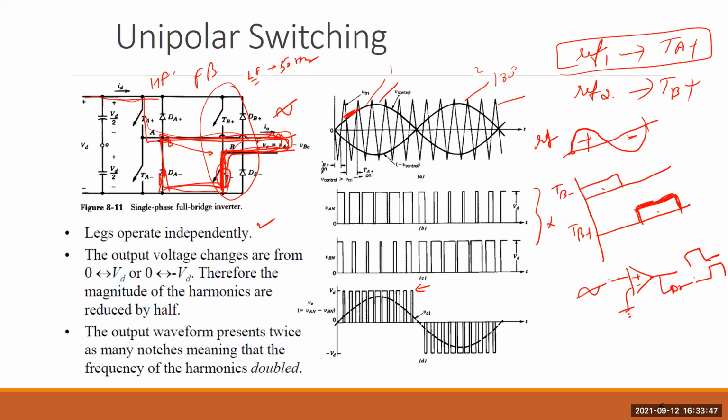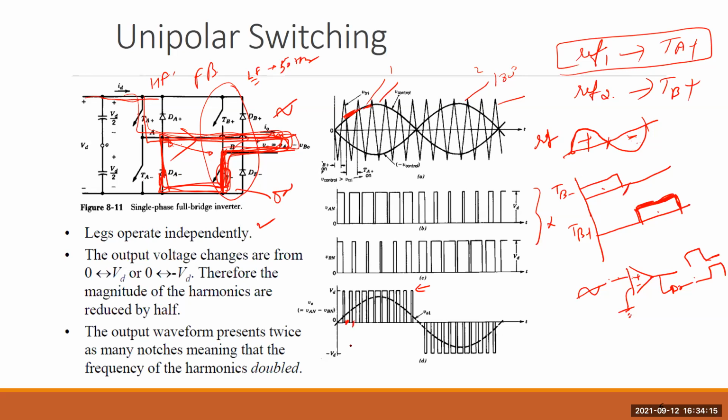So current was in this direction, it is still in this direction, but now the voltage is 0. Then again the switch is on, then again it is plus VD, and when the switch is off, again the diode and the switch conduct, because this is always on up to half cycle, and then again it is 0.